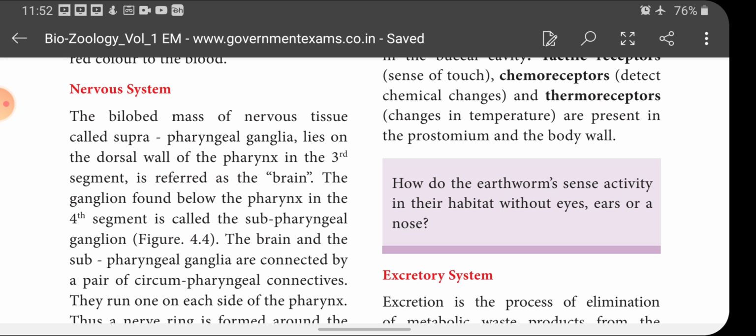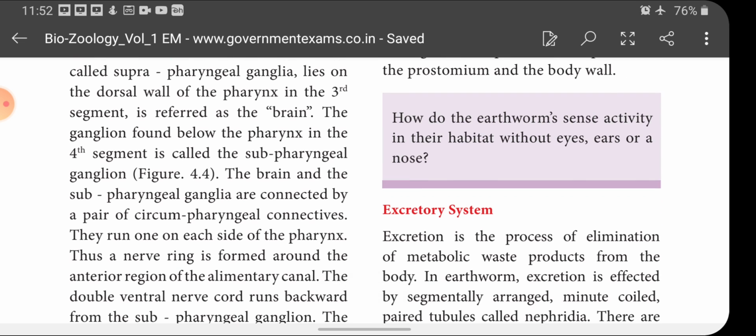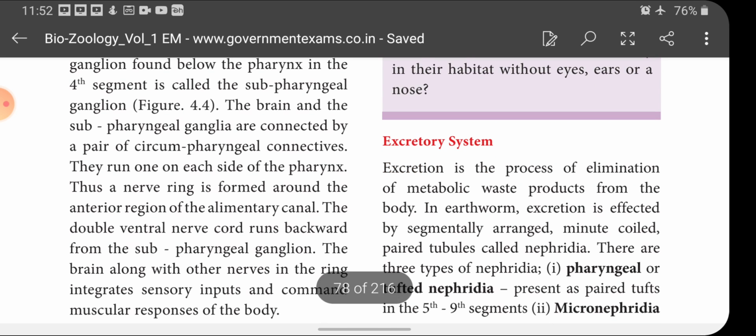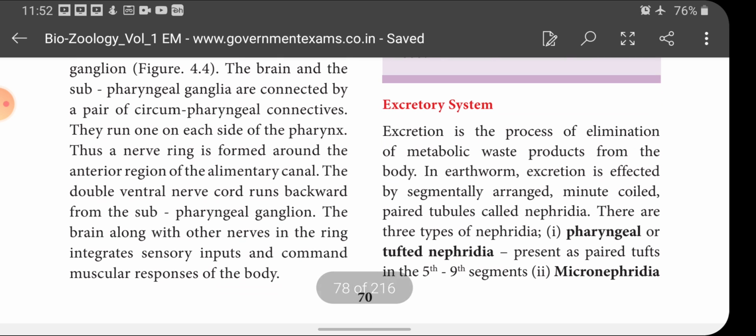The brain and the subpharyngeal ganglia are connected by a pair of circumpharyngeal connectives. Circum means what? Surrounded. Both the ganglia are surrounded and connected with each other by a structure called the circumpharyngeal connectives. They run one on each side of the pharynx. Thus, a nerve ring is formed. When both the suprapharyngeal and subpharyngeal ganglia are connected on either side by the circumpharyngeal connectives, it looks like a ring-like structure present around the anterior region of the alimentary canal.